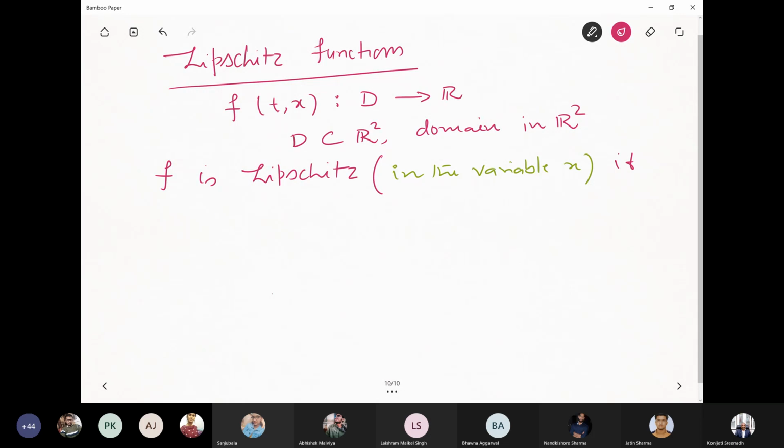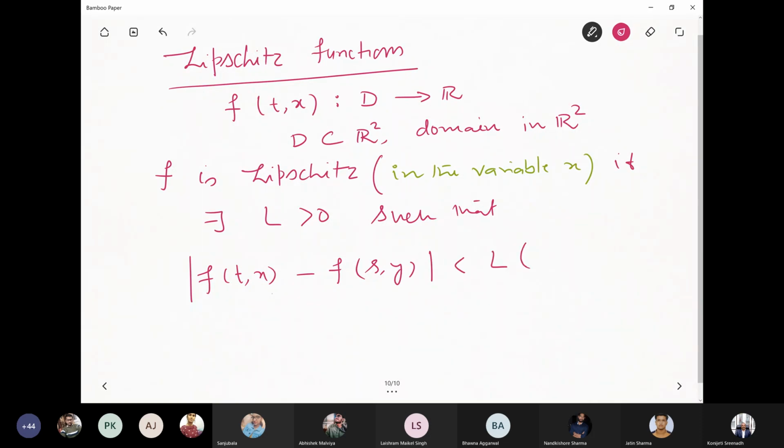If there exists L greater than 0 such that mod f(t, x) minus f(t, y), or you can take f(s, y), is less than L into mod x minus y, for all the points (t, x) and (s, y) belonging to this domain.